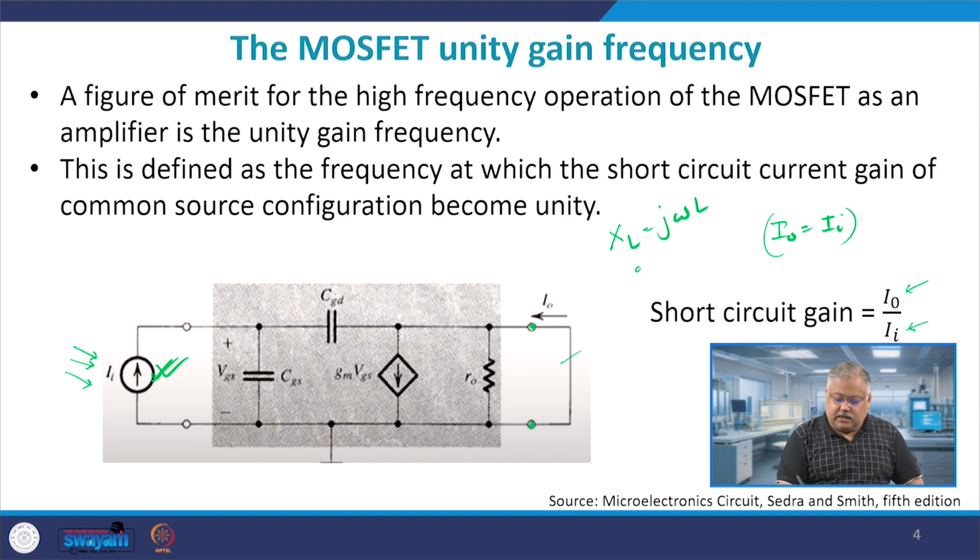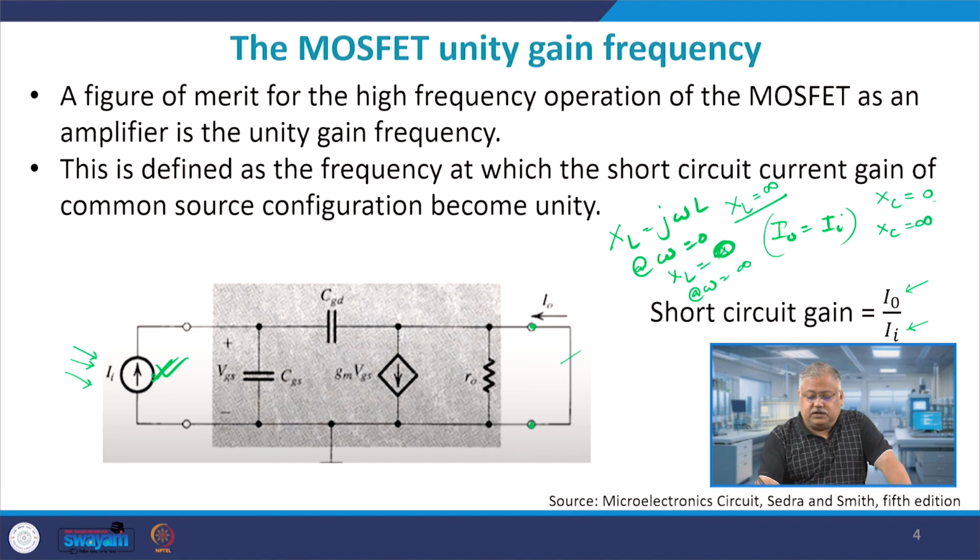So, at omega equals 0, when you have a DC bias, XL will be equal to 0, sorry, and at omega equals infinity, XL will be equal to infinity, whereas it is just the reverse in the case of a capacitor.